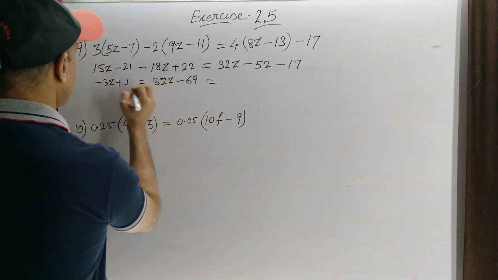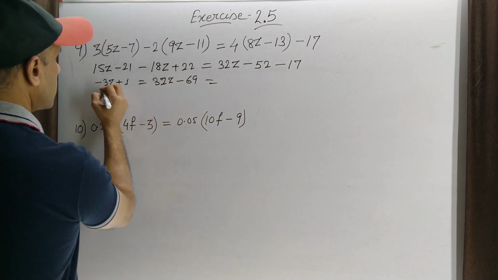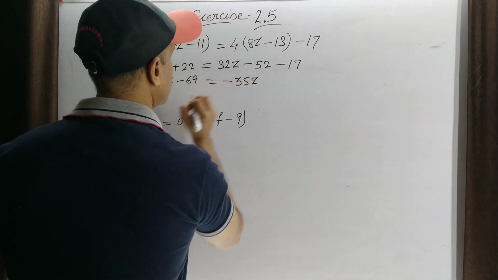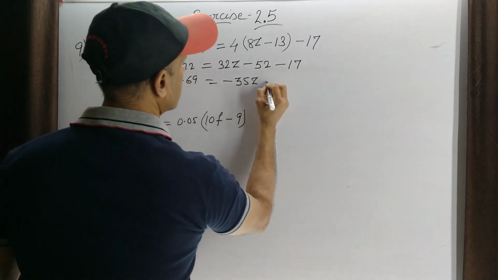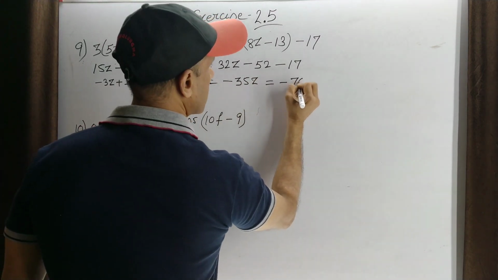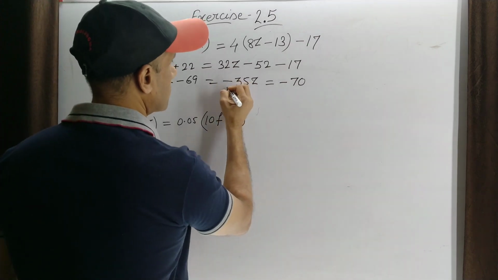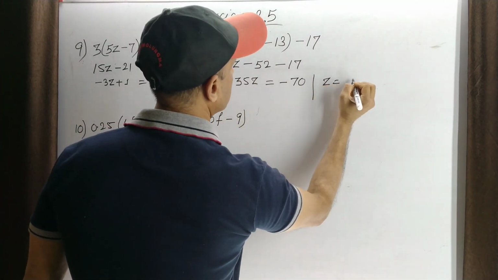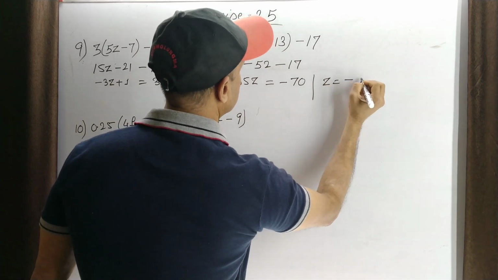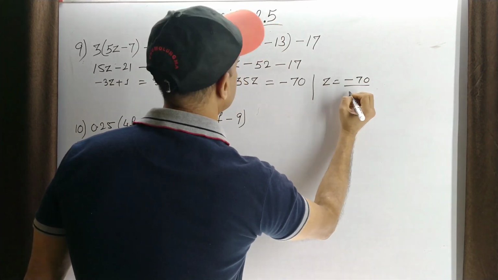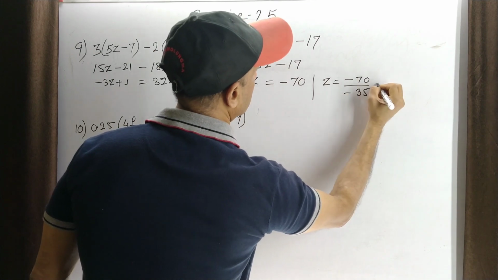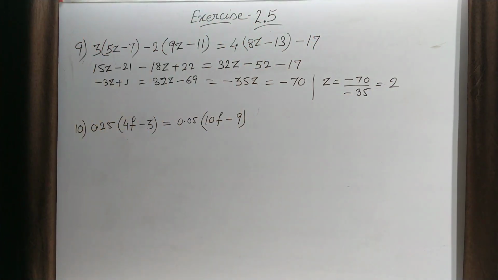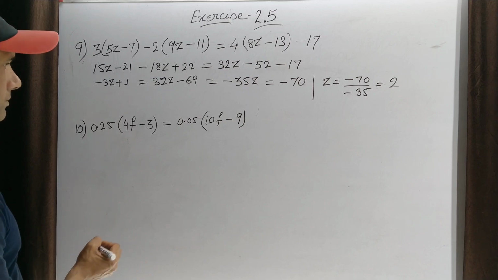So we get minus 35z minus 1 is equal to minus 70. So this minus gets nullified, and we can write z is equal to minus 70 divided by minus 35, which is 2. Okay. Moving on to the last question.